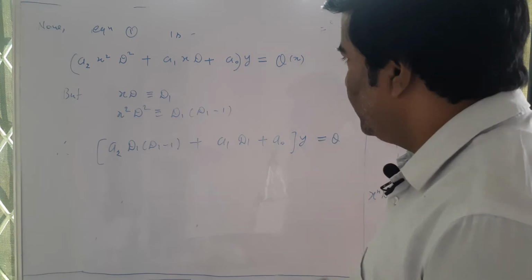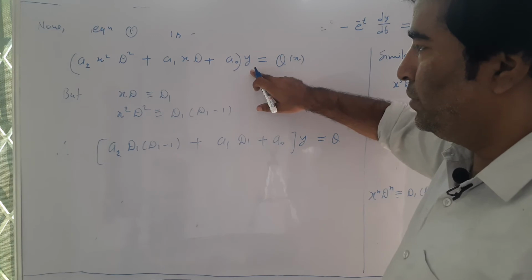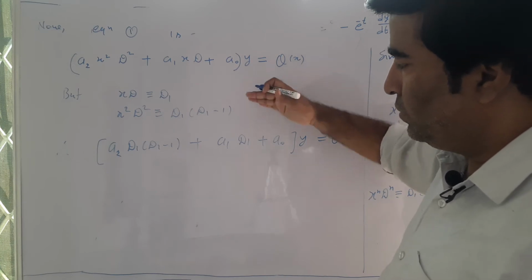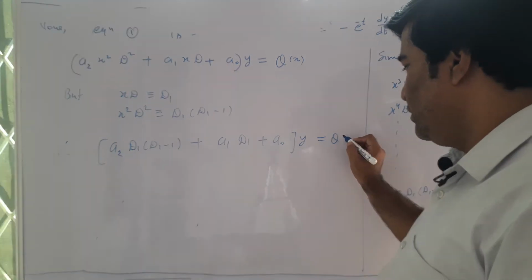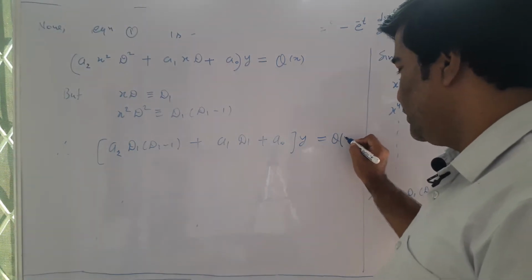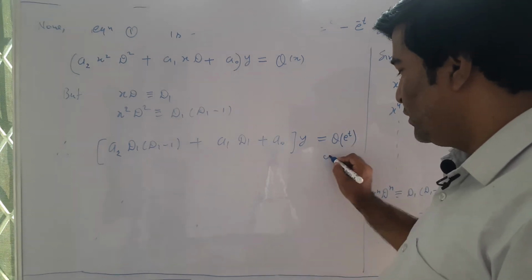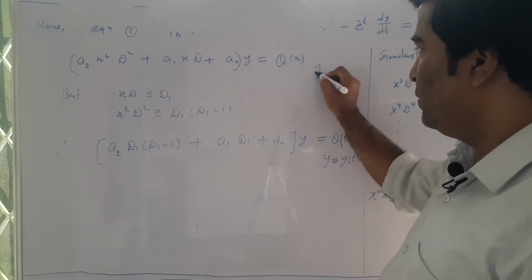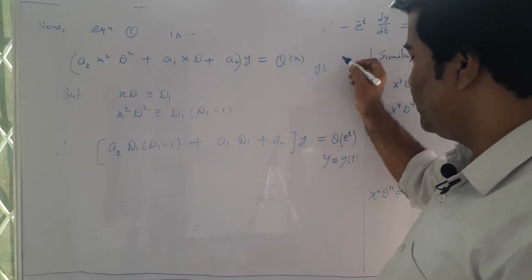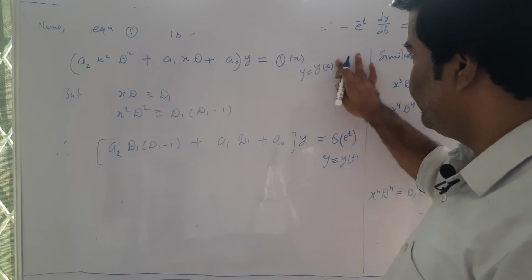Actually this equation is with respect to the independent variable x. Now we have converted it to be with respect to the independent variable t. So we write here, the function is in t, and here the function was in terms of x.